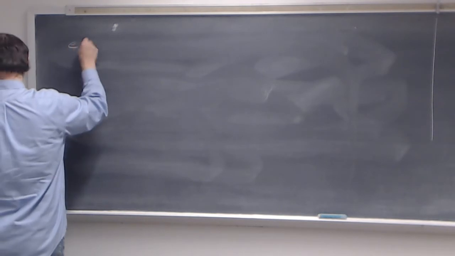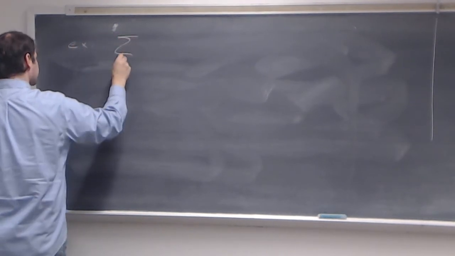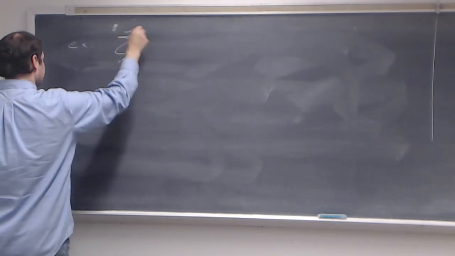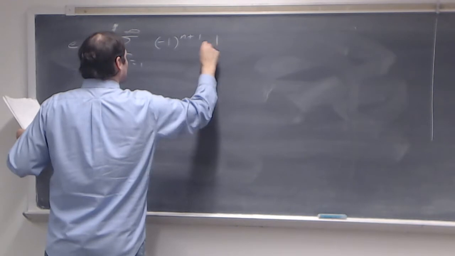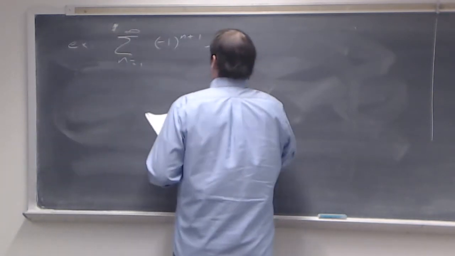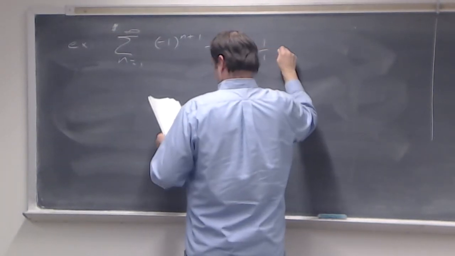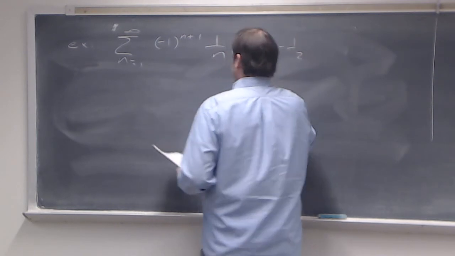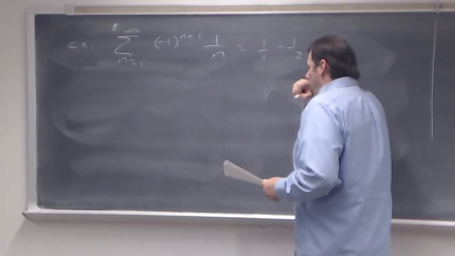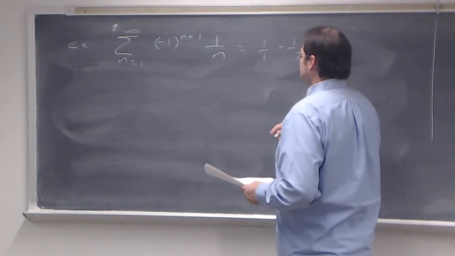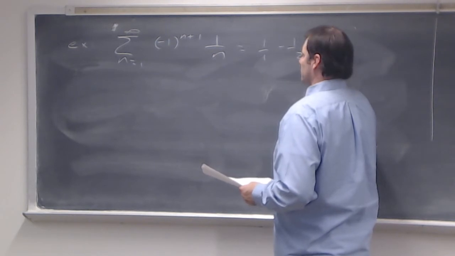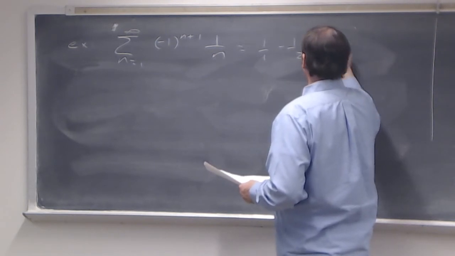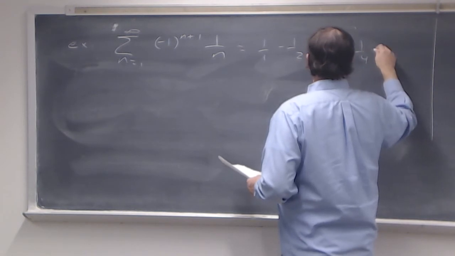So as an example, we consider the series as n runs from 1 to infinity of minus 1 to the n plus 1, 1 over n. Well, let's see, when n is equal to 1, that's just going to be 1 over 1, minus 1/2 is the next term, plus when n is equal to 3, we're going to get 1/3, and it's minus 1/4, and so forth.